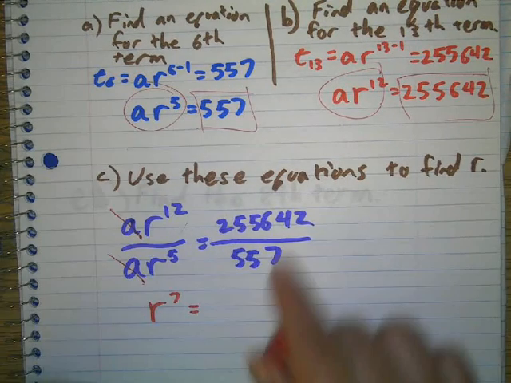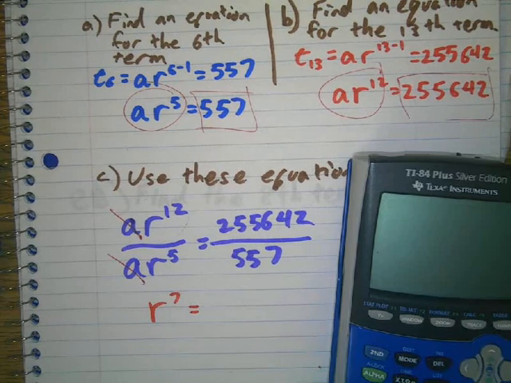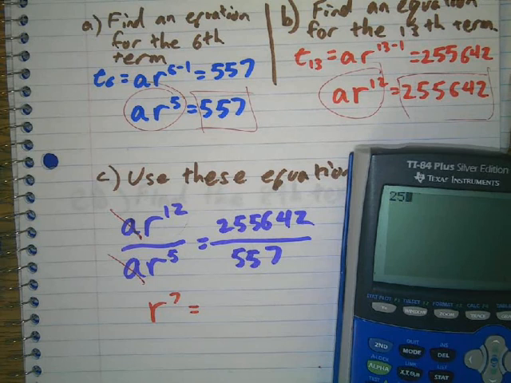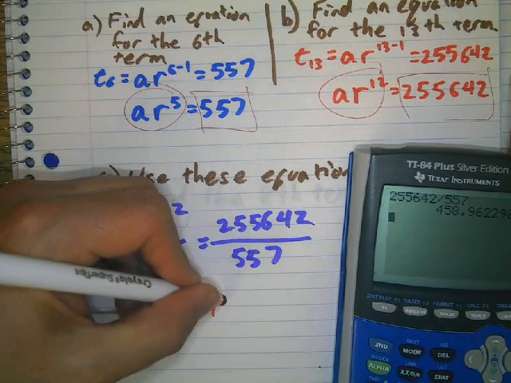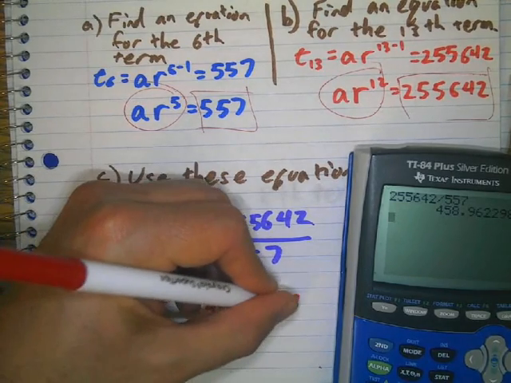And this divided by this, let's see, 255,642 divided by 557 is going to give me 458.962298.